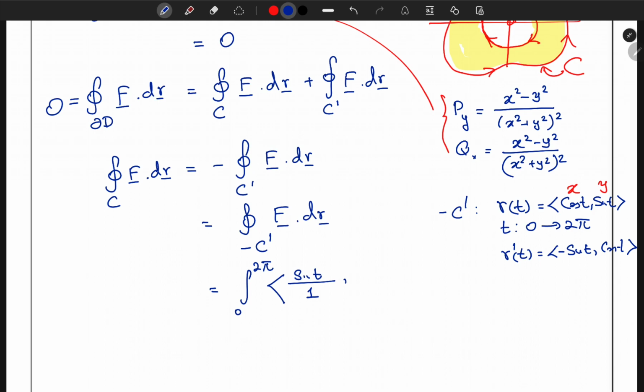By Pythagorean identity, x squared plus y squared is 1. And the second coordinate is negative x over x squared plus y squared. Dot product with the derivative, negative sine t, cosine t, dt.